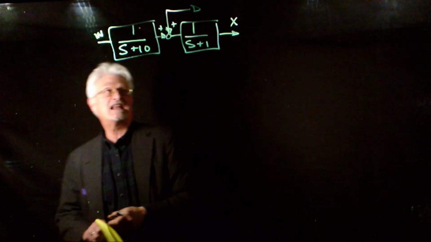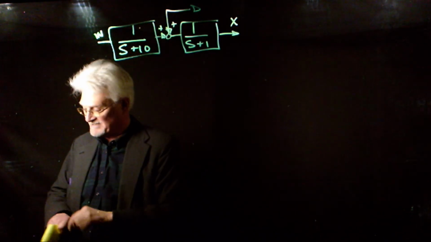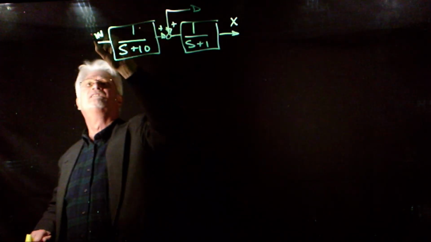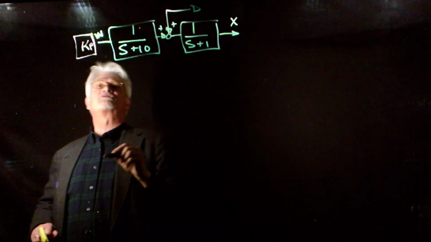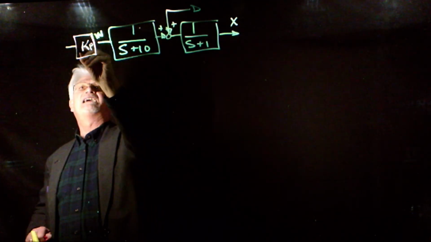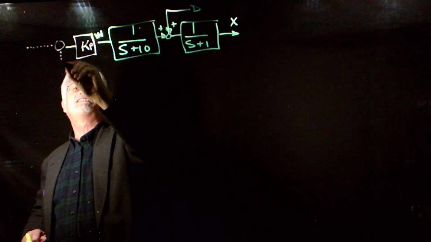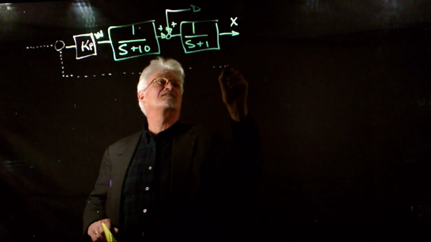One of the things that happens with this stuff is that when it comes time to put your proportional gain, Kp, in here, a lot of books include this Kp as if they already know this is going to happen.